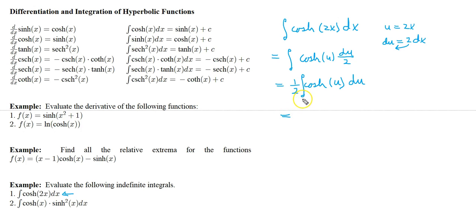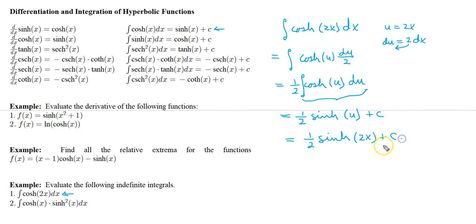And now the antiderivative, this right here, looks just like what we have right here. So this piece is going to be the sinh of u. And then substituting back in 2x in for the u, we get our answer. And there we go.